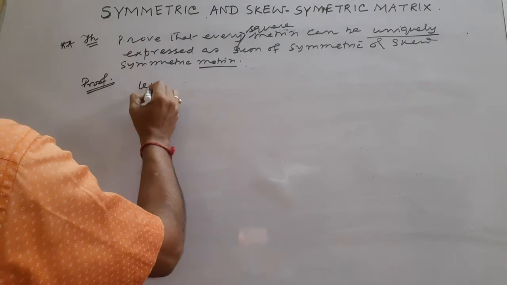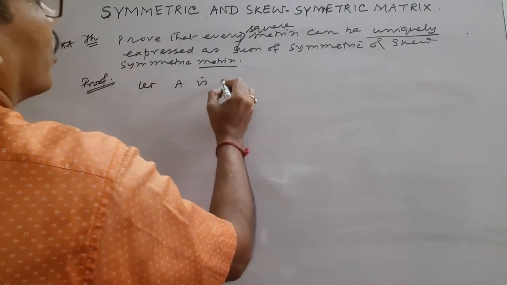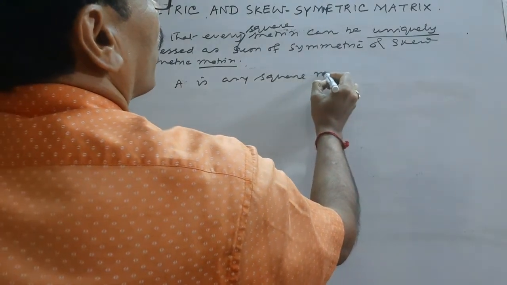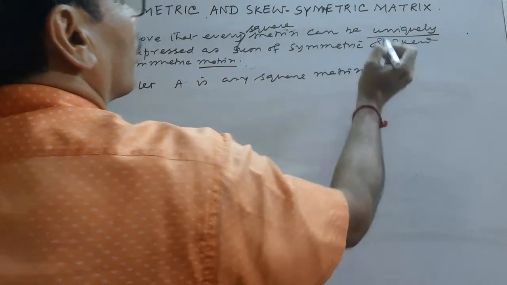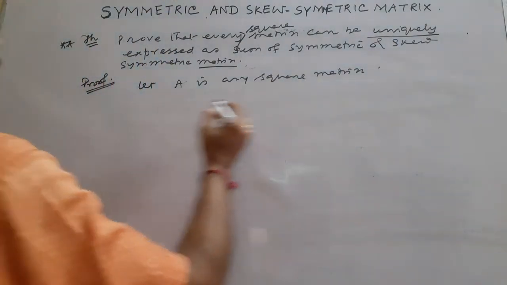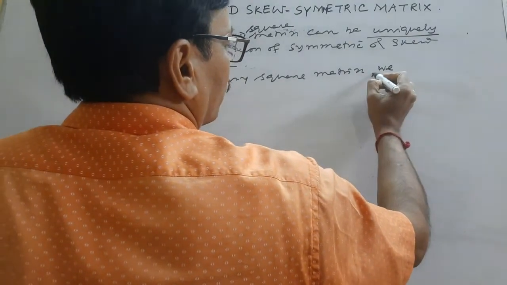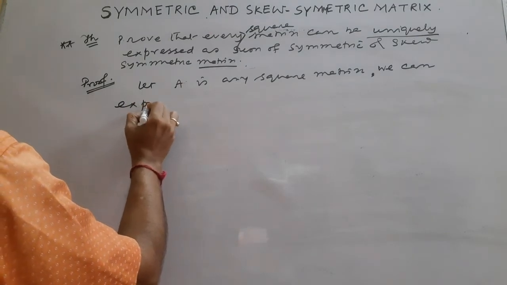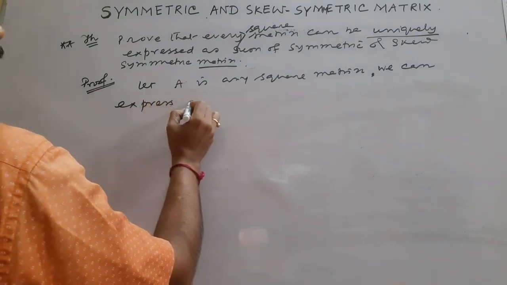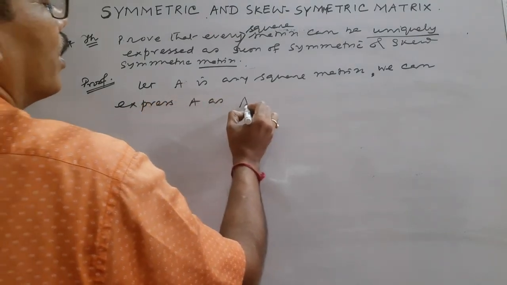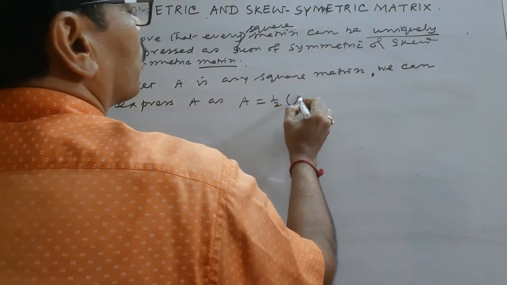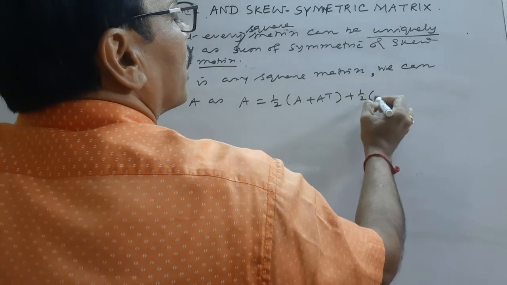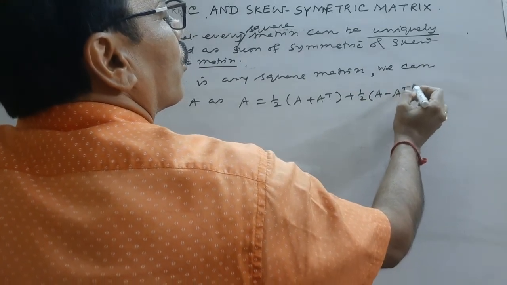So let A be any square matrix. We can express A as A equals half of A plus A transpose plus half of A minus A transpose.